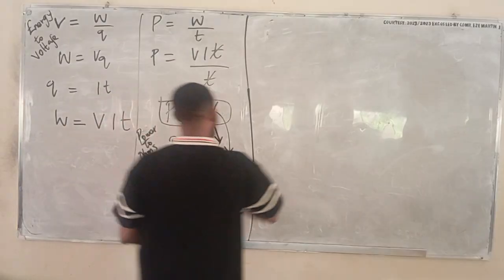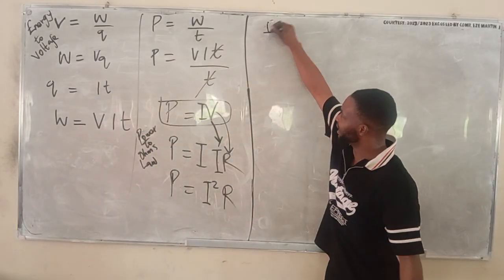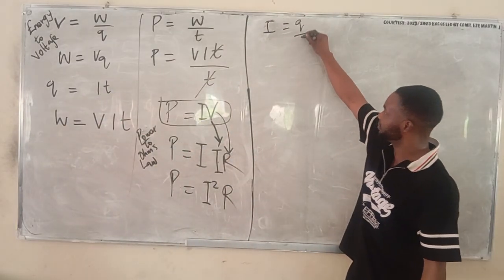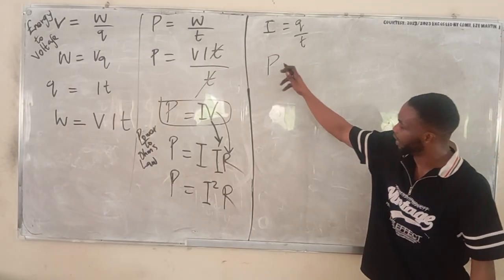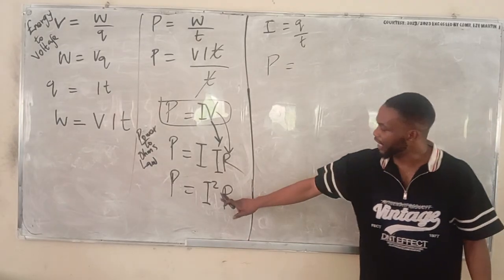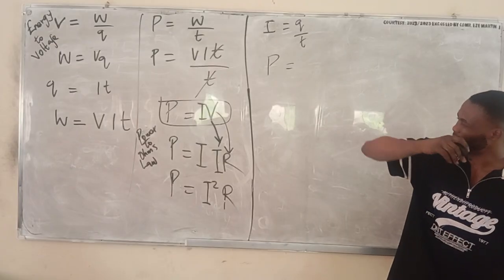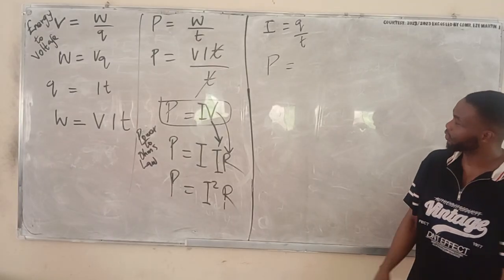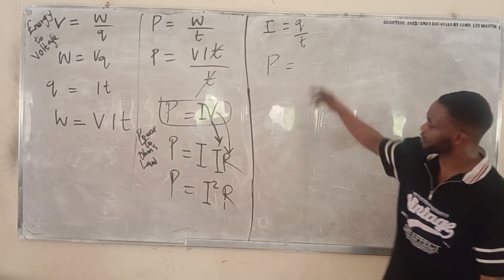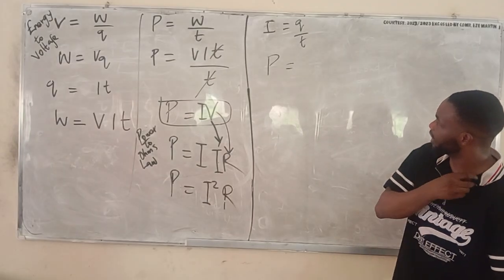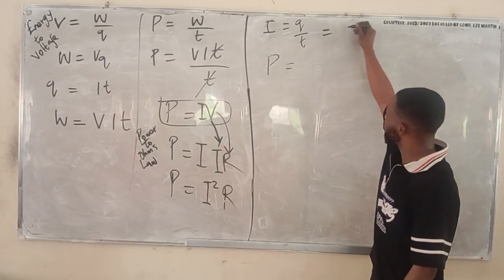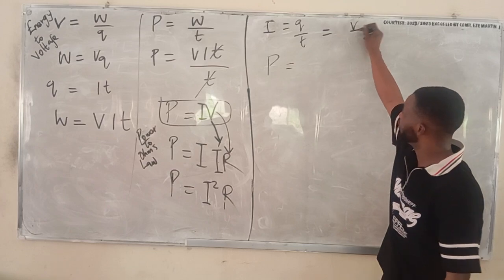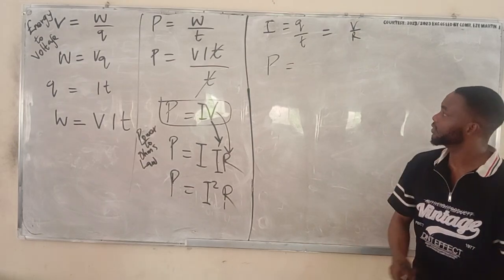Oh yeah, please, let's be fast. Please, do you remember that I is equal to Q over T? But please, I know you want to go on, but please, endure. Let's substitute. If I substitute this, I think I'm going to get back my... Okay, I is also equal to V over R. Am I correct?